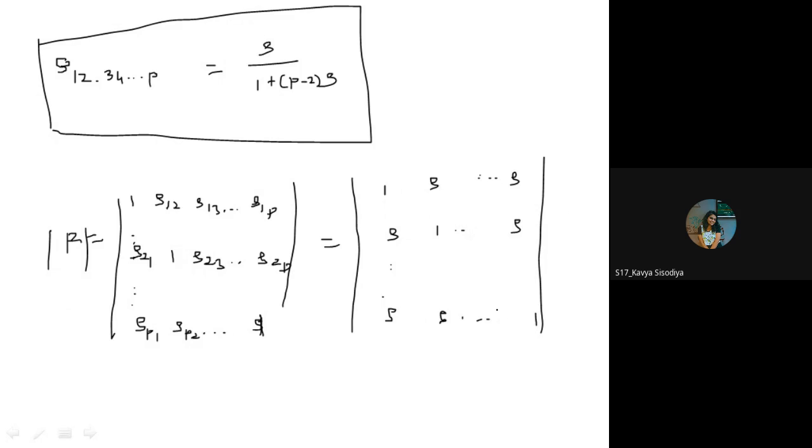So what is this formula? The determinant is obtained this way: equal to 1 plus p minus 1 rho into 1 minus rho raised to p minus 1.